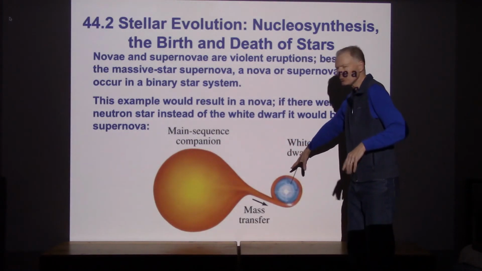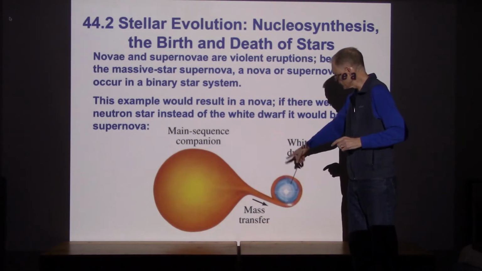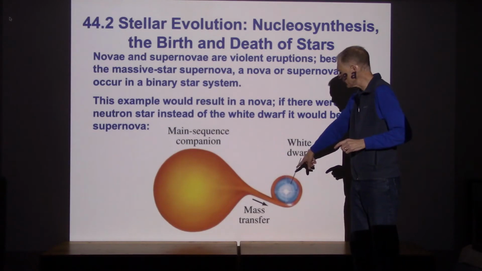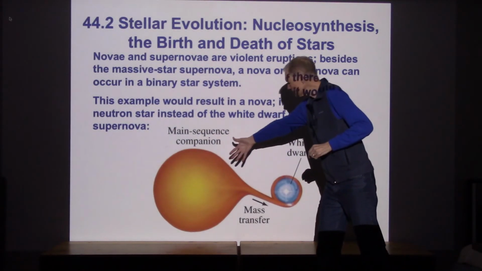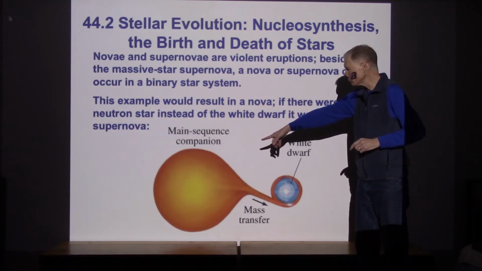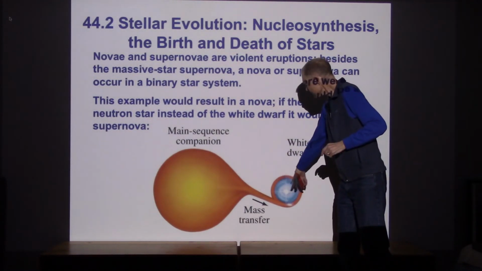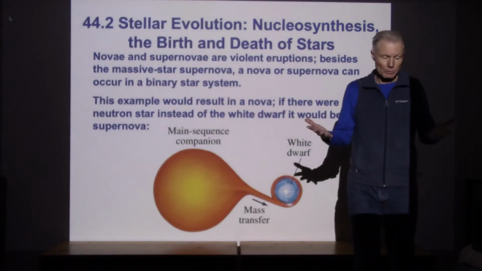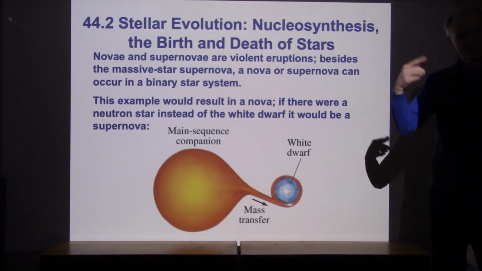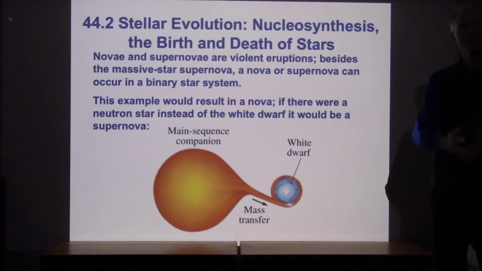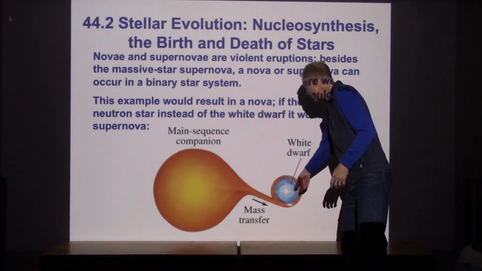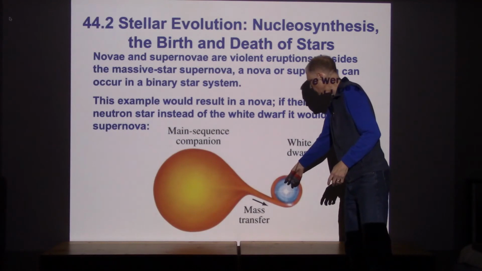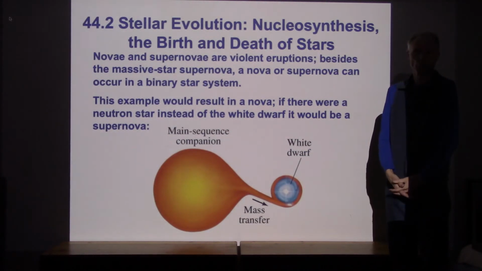The star was already a little heavier to start with, and it went through its evolution in a shorter time period. Now it's drawing material away from its red giant companion. That's enough, possibly, to tip that star, push it past the tipping point, where once it's collected enough additional material, it can undergo a supernova.